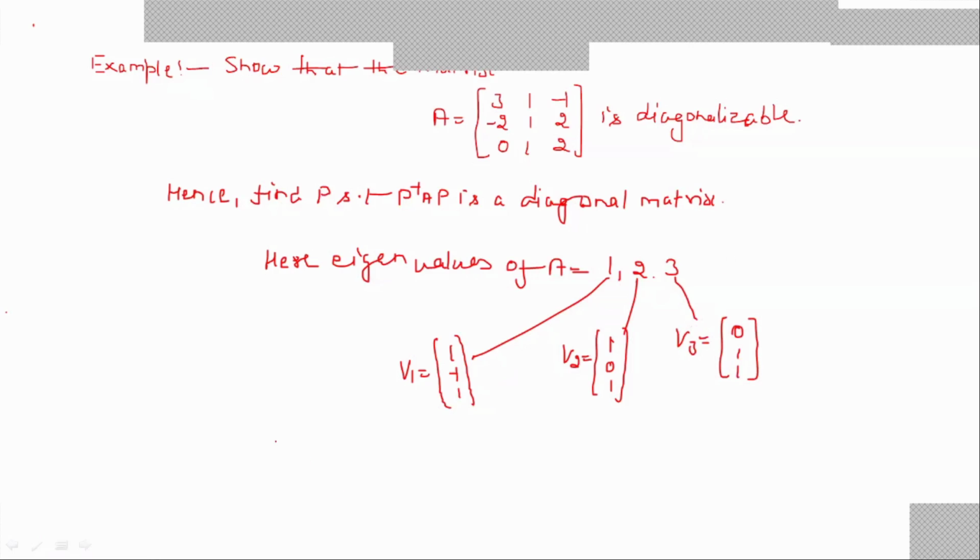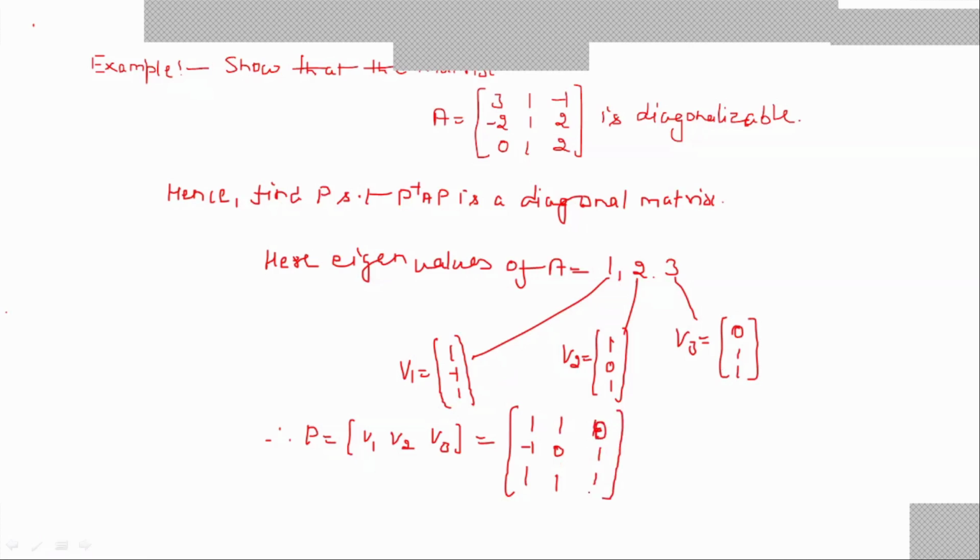So therefore, what is the P matrix? V1 will constitute the first column, V2 the second column, V3 the third column. So it is [1, 1, 0; -1, 0, 1; 1, 1, 1].